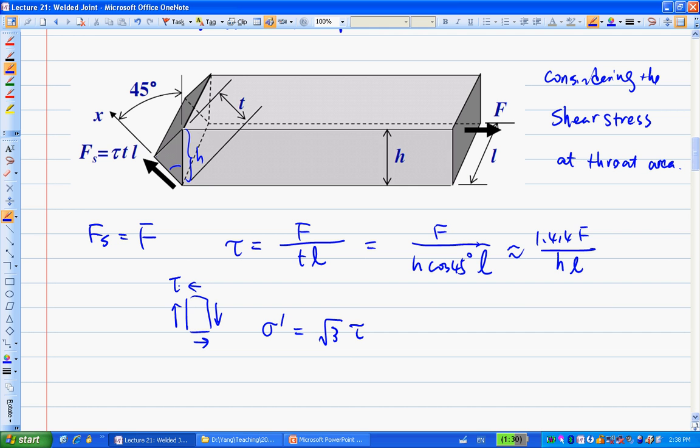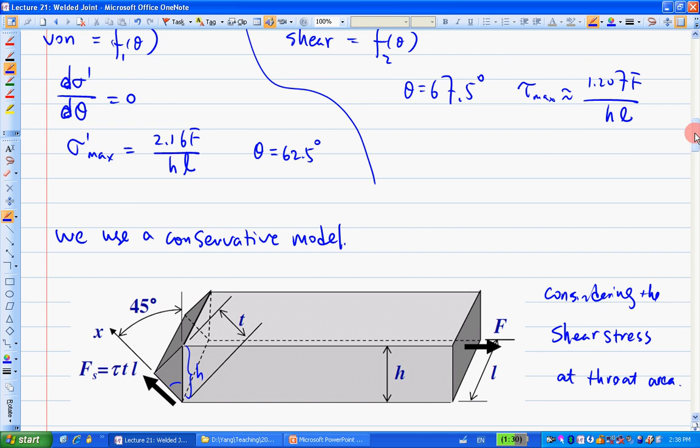So if you have √3 times this tau at here, you're going to get 2.45 F over HL. So the Von Mises stress based on the conservative model is this. And if you compare this with that maximum, which is 2.16, it's still greater than the maximum, right?